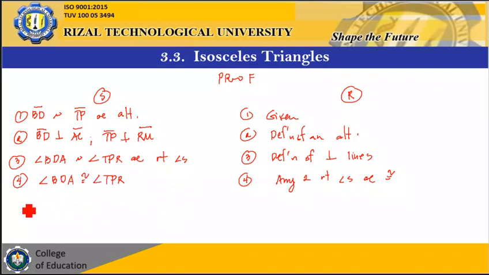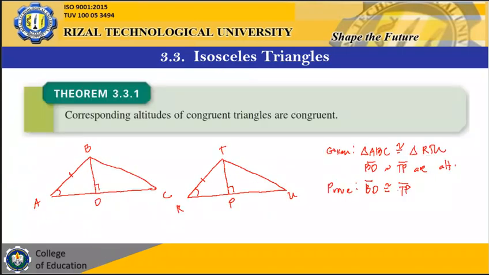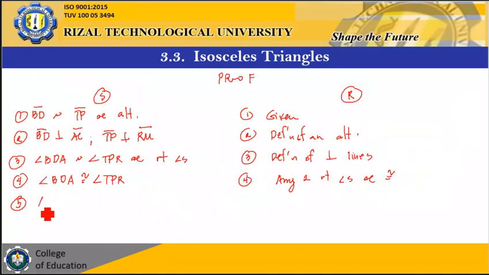Let's now talk about our second given, which is triangle ABC is congruent to triangle RTU. Okay, this one is given.